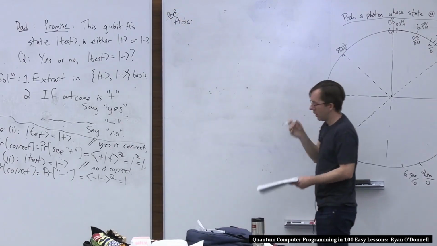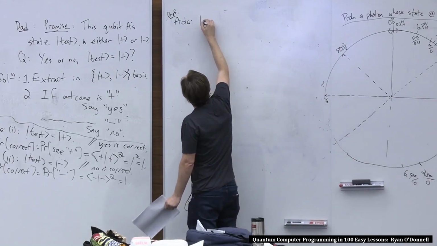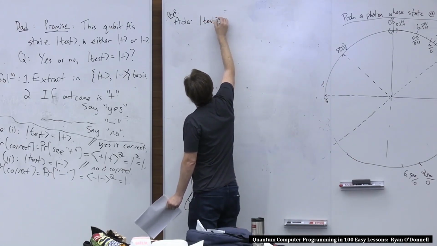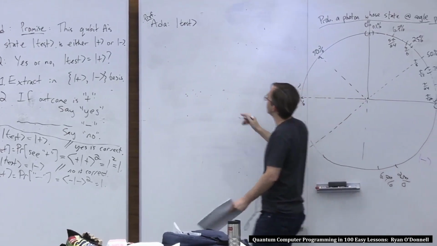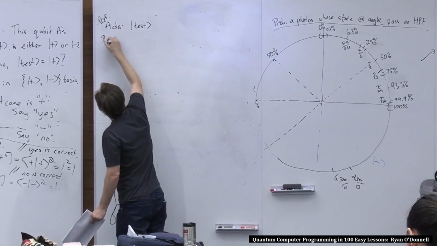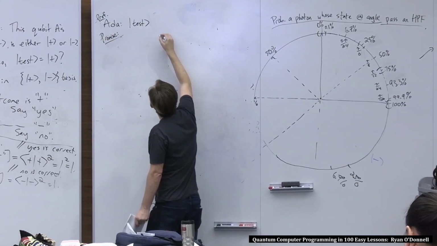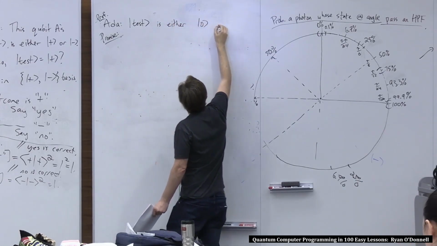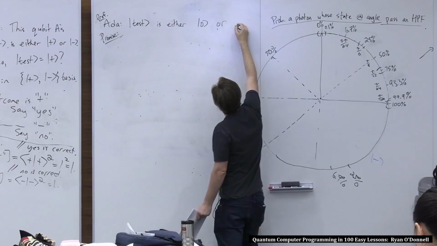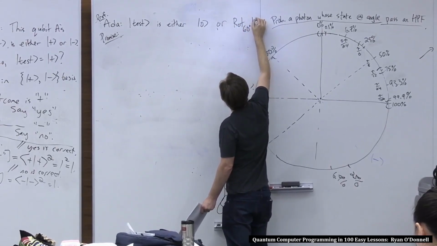And he gives you a similar test. He hands you some qubit in some mystery state, ket test, that you don't know. I should have written the word promise here. Test is either ket 0 or it's the vector which is at 60 degrees from horizontal.